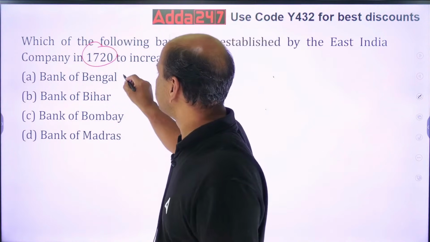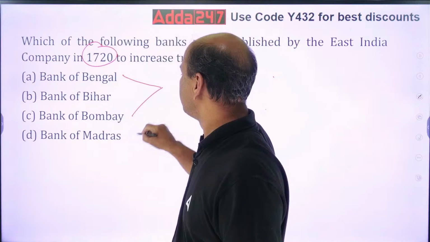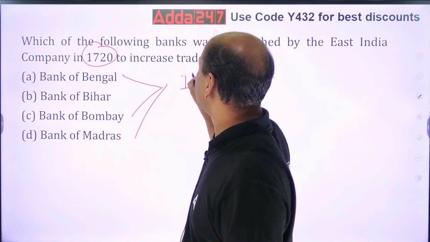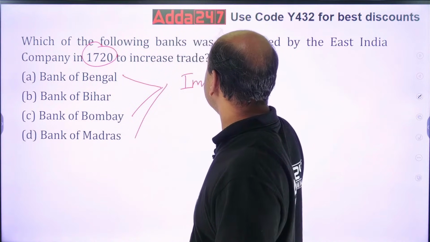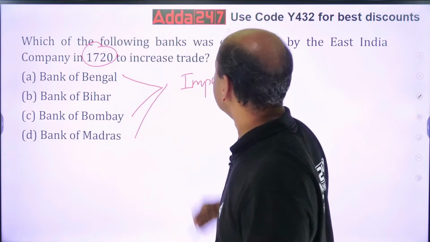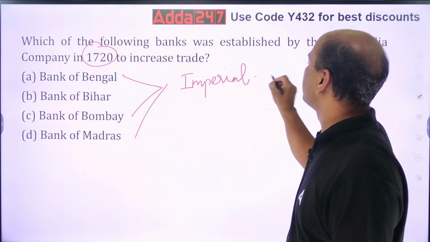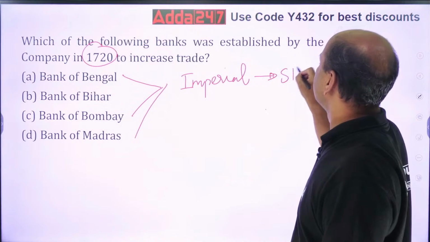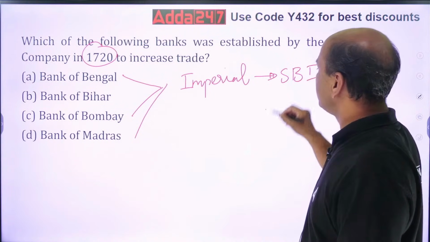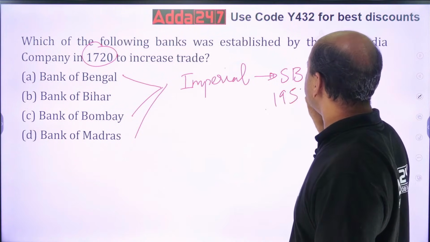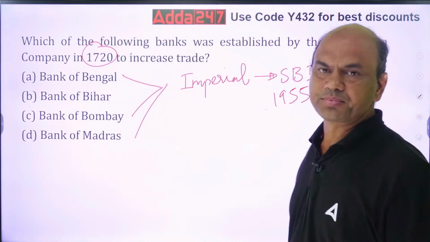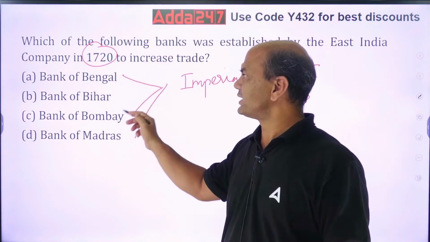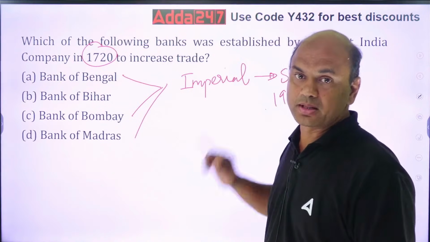And then this Imperial Bank became SBI in 1955.